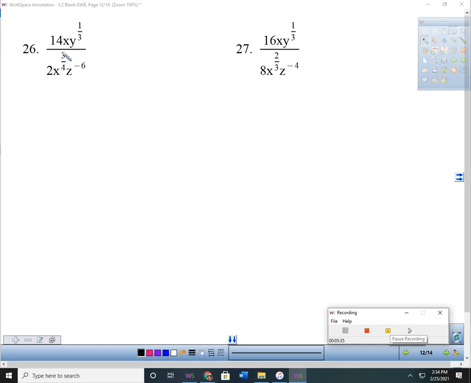All right, same thing like we did with the roots a while ago. Keep things together and focus on each little part individually.